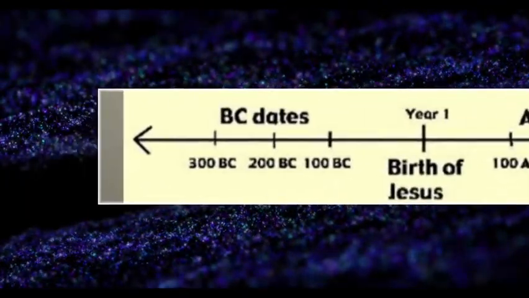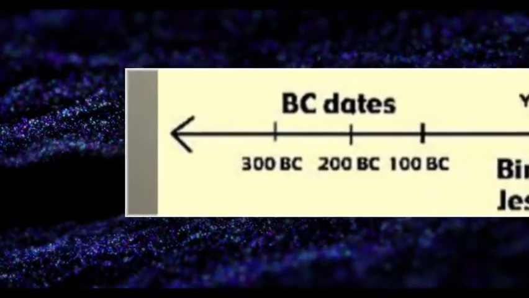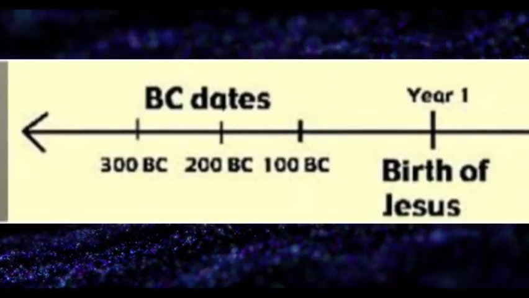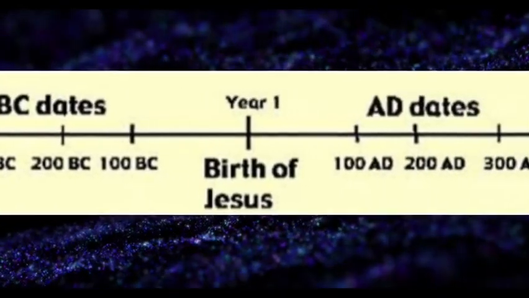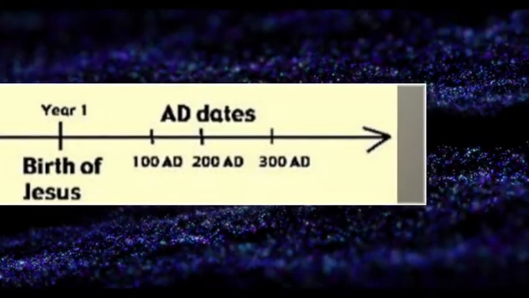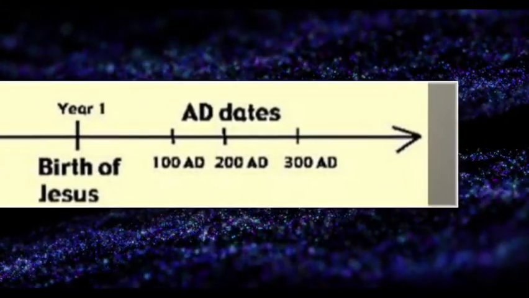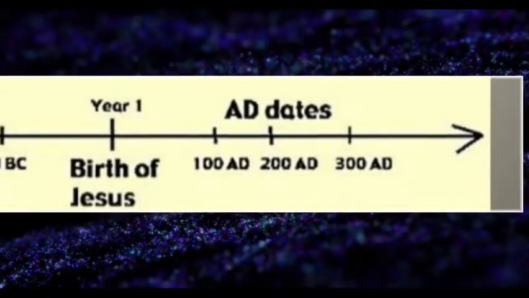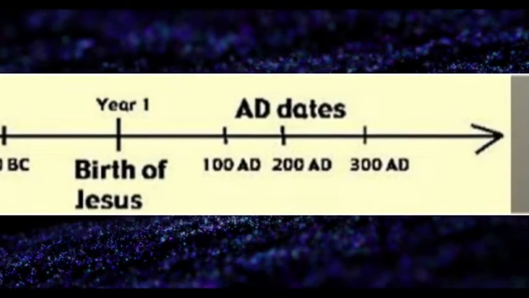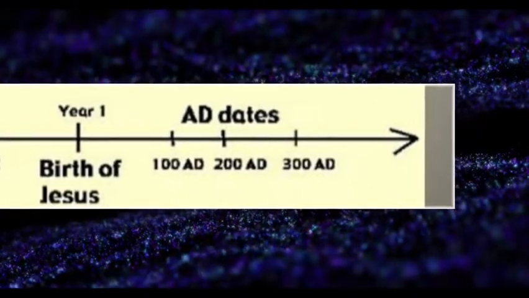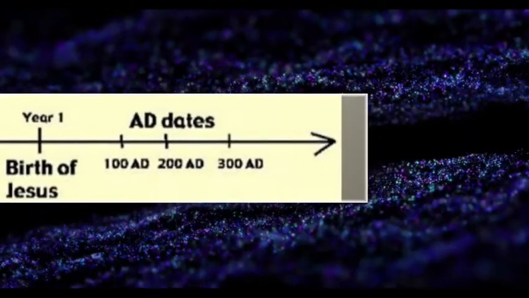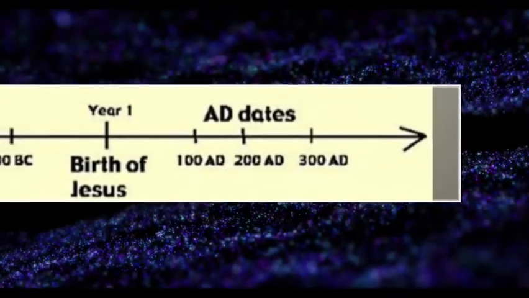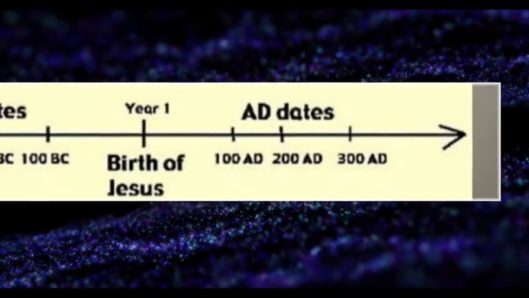As you can see, 400 BC, 300 BC, 200 BC, 100 BC, then year 0. And on the right side you can see AD, which means Anno Domini. Anno Domini means in the year of the Lord. And AD is always written in the forward direction. As you can see on the right side, 100 AD, 200 AD, 300 AD, 400 AD, likewise.